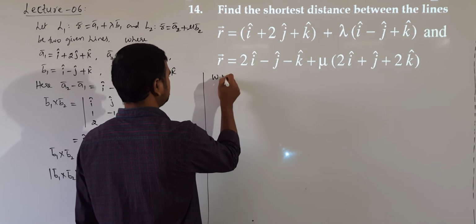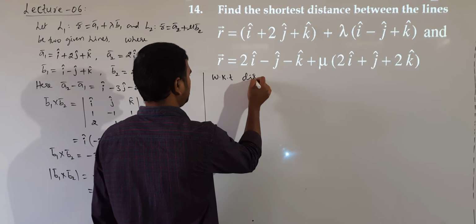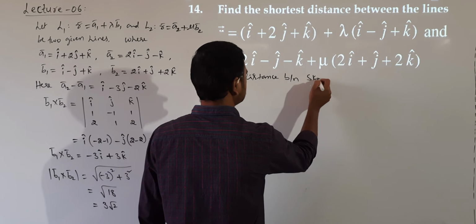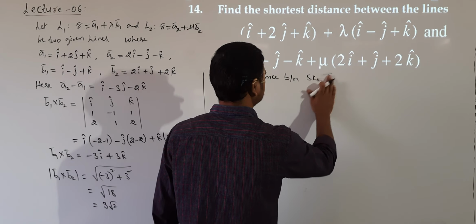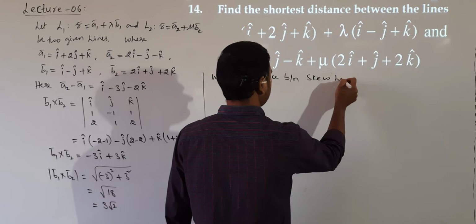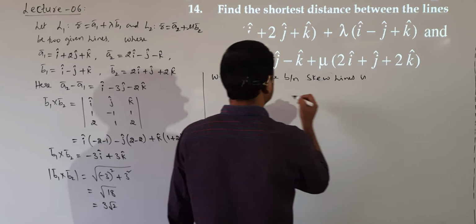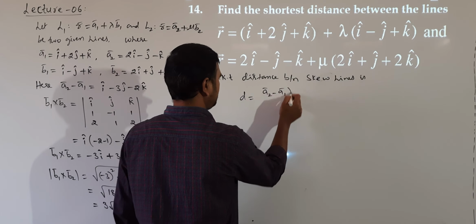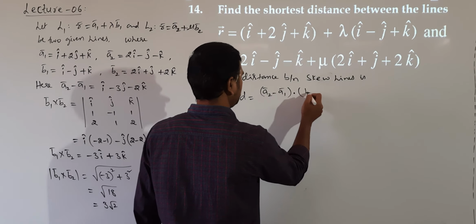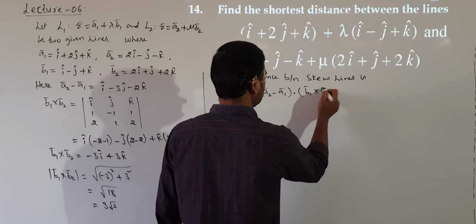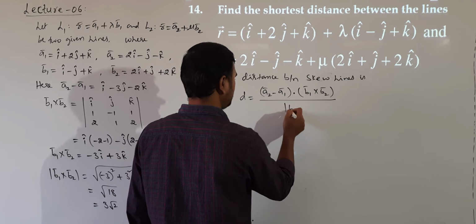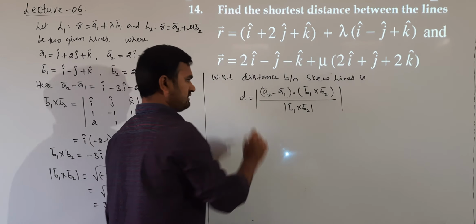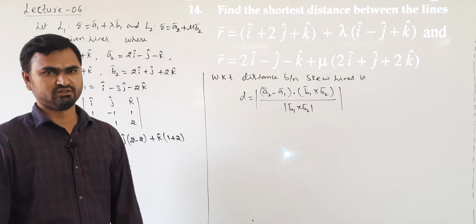The distance between skew lines is d equal to the modulus of a2 minus a1 dot b1 cross b2, divided by the magnitude of b1 cross b2. We take modulus because distance cannot be negative.